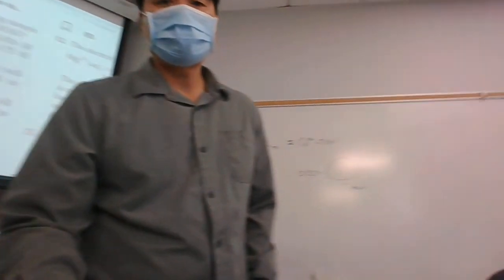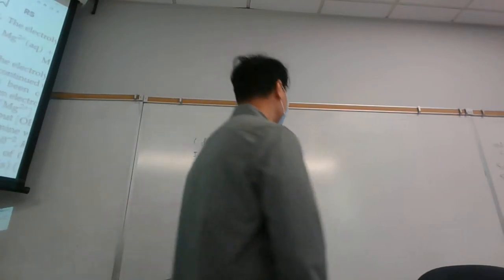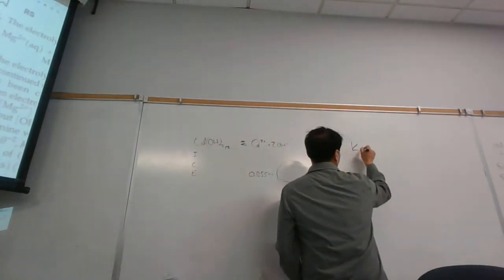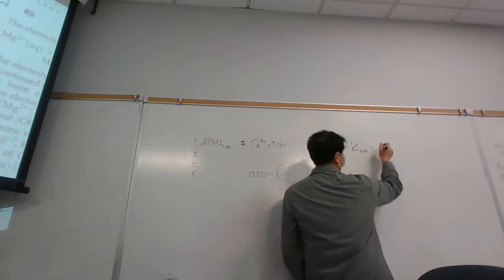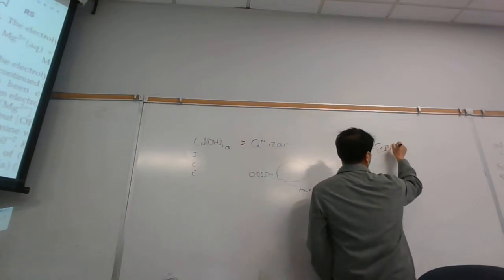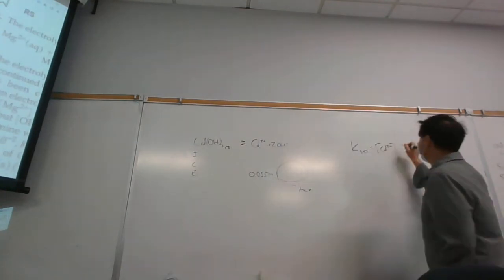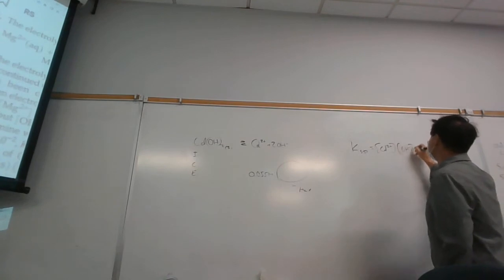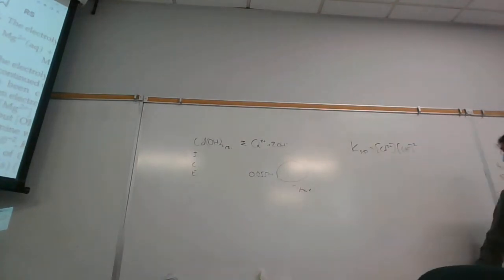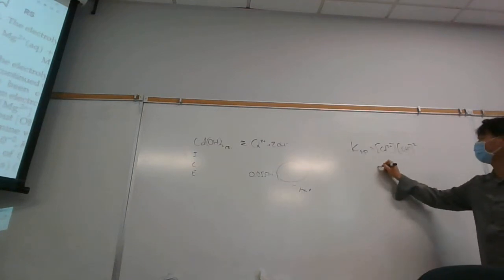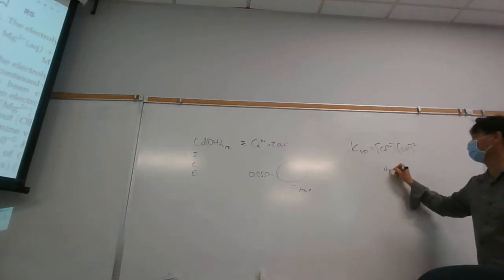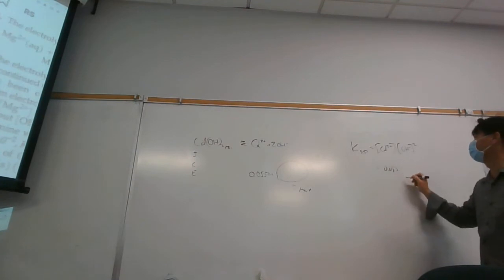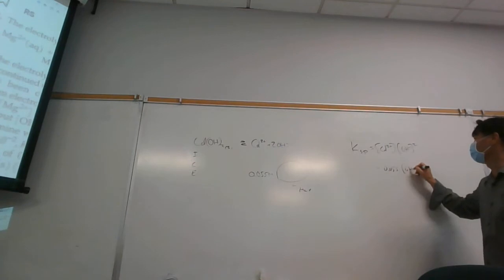Well, the max, whenever we're dealing with precipitation, is going to be equal to the KSP. KSP is for a saturated solution. So this is going to be cadmium 2 plus times the hydroxide squared. For the cadmium 2 plus, we want it at 0.055 molar, and then we have to figure out what the hydroxide is.